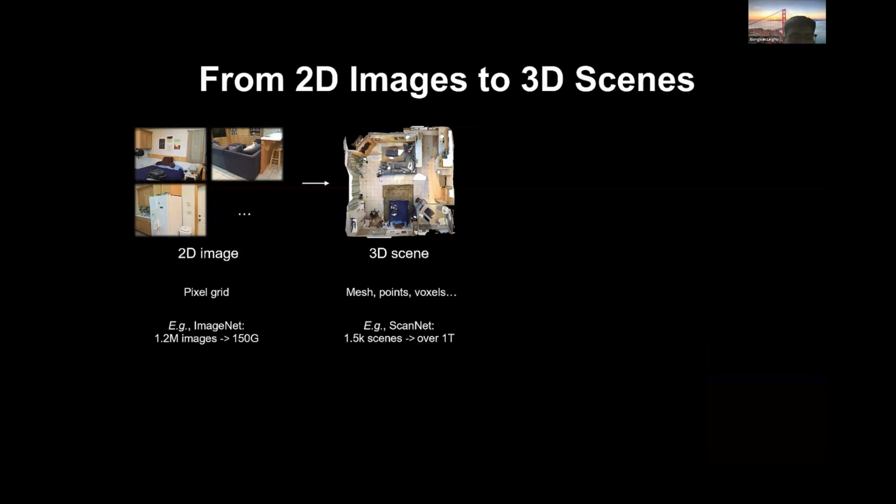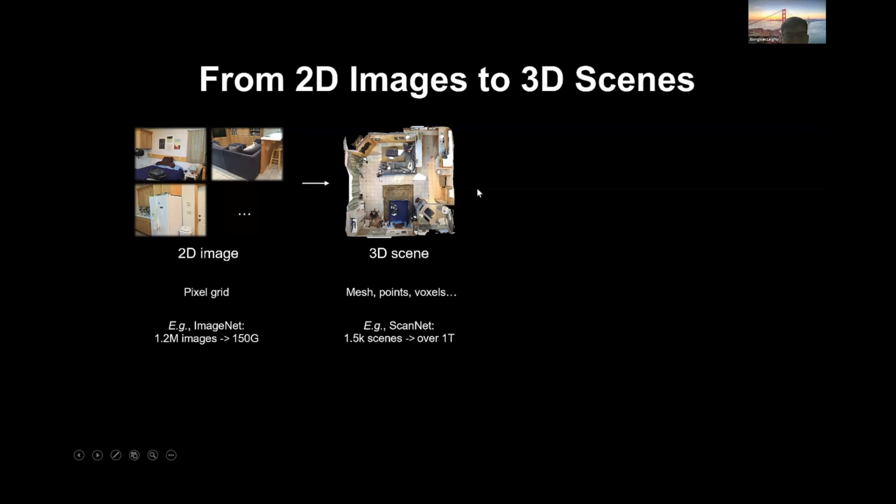For a 2D image, we typically represent it with a pixel grid. For example, we may split a single image into patches, then extract the features and encode them into image tokens.